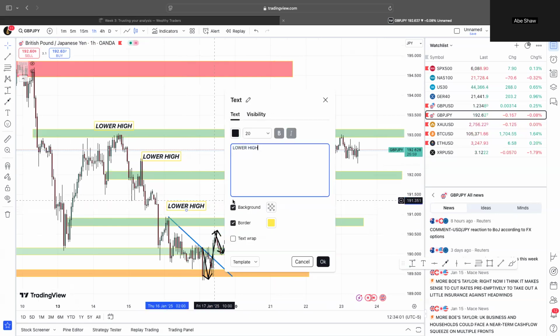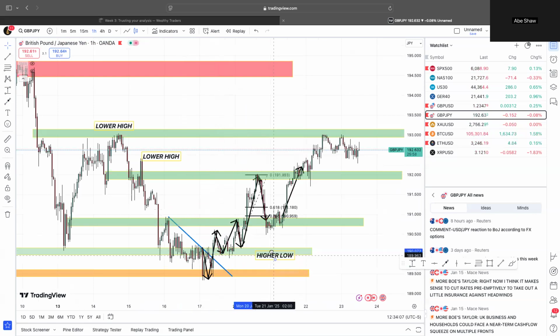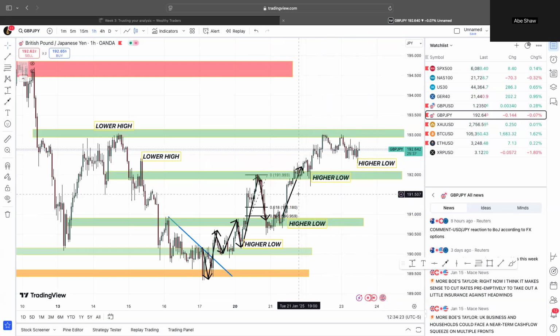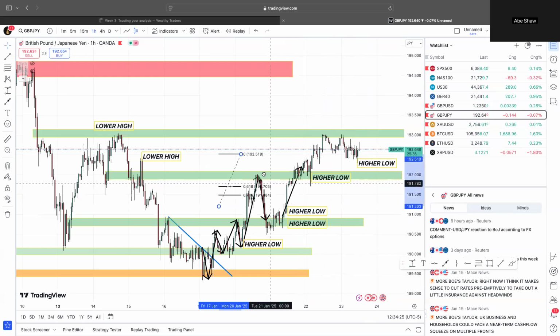Then all of a sudden, it started making higher lows. Started making higher lows and higher highs. So higher lows. This area and this area is basically still the same thing, but I'm gonna paste it again.